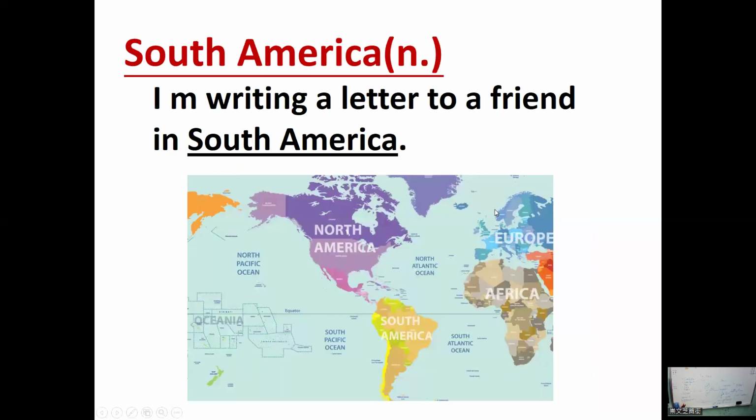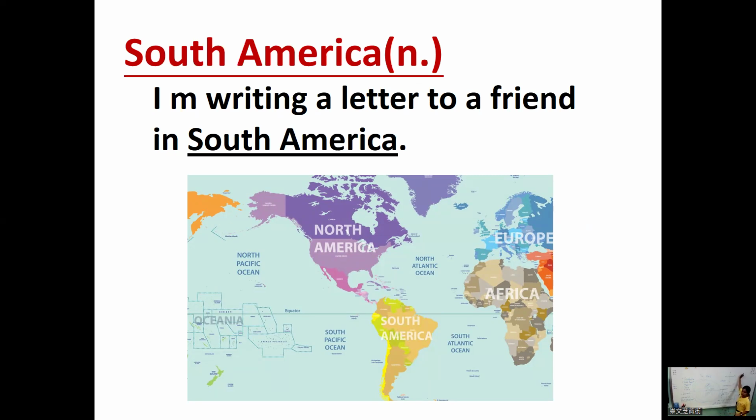Okay, so that's Africa. Next we have South America. Read: I'm writing a letter to a friend in South America. So this is South. Do you remember your compass rules?